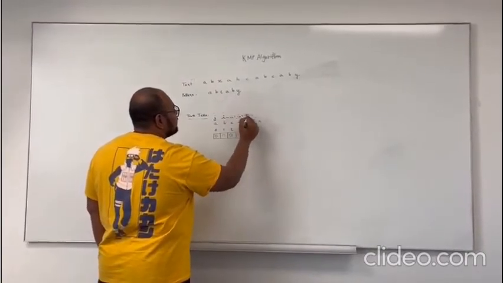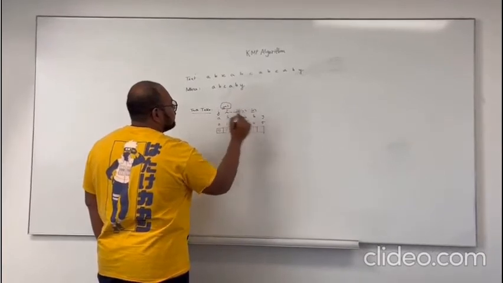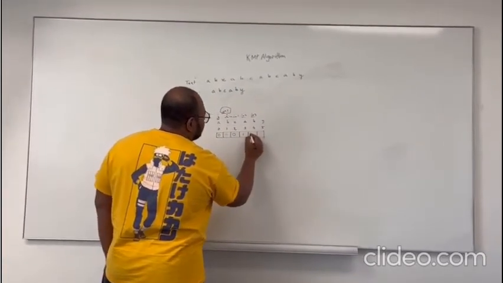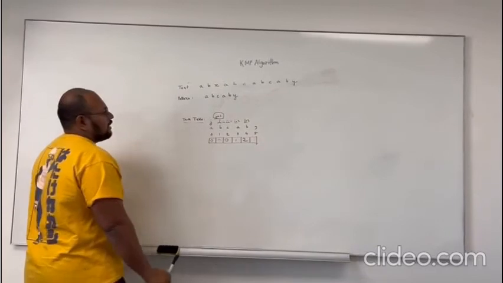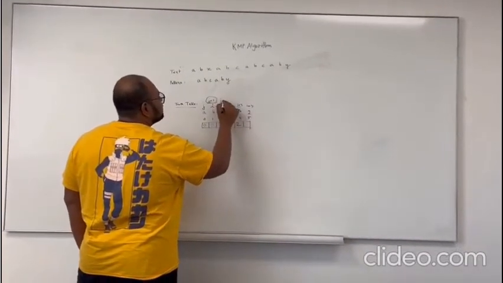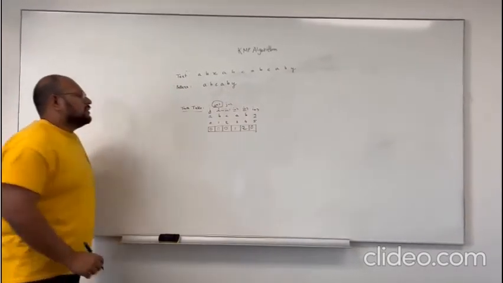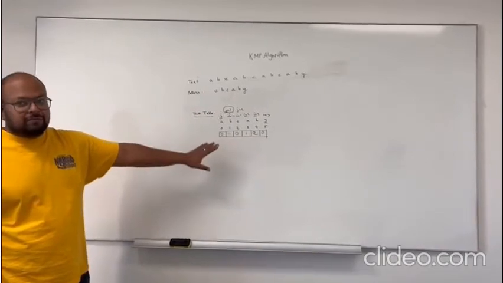I plus 3 and J now moves here. So is B equal to B? Yes, it is. So 2 right here. Now I moves one place more, J moves one place more. Is C equal to Y? No, it's not. So this is the truth table which I have with me.